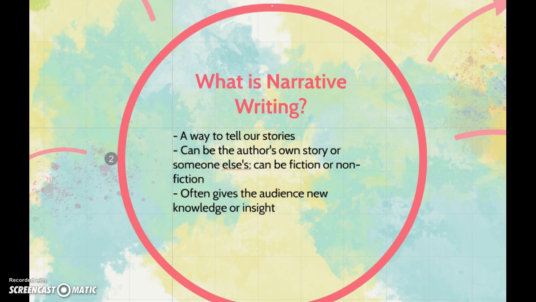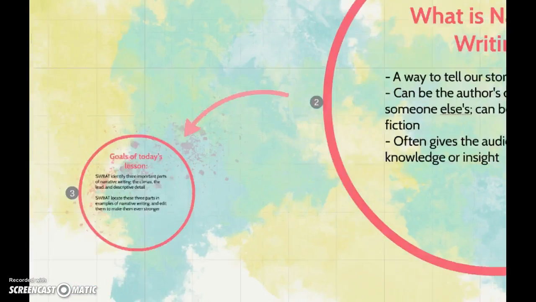Often at the end of narrative writing, the audience gains a new insight or new knowledge. So often when we tell our stories, we tell them with the purpose of maybe changing somebody's mind about something or giving them a new perspective on an old topic.